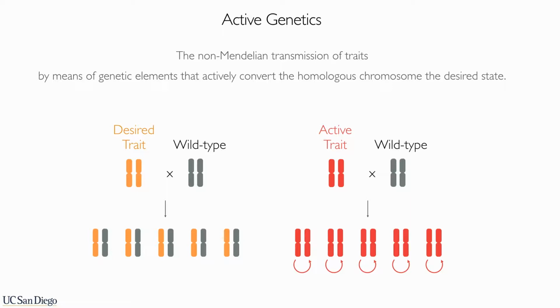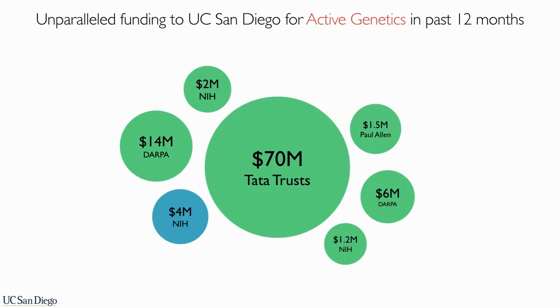And we're going to go over the possible applications of this kind of technology, but we got a lot of interest based on their potential, which resulted in the past year or so in a great inflow of funding into UCSD, really focused on this kind of technology.